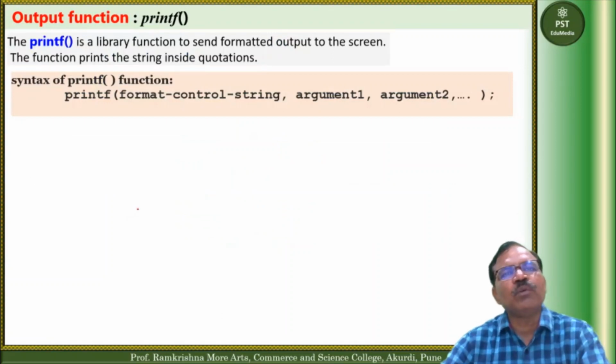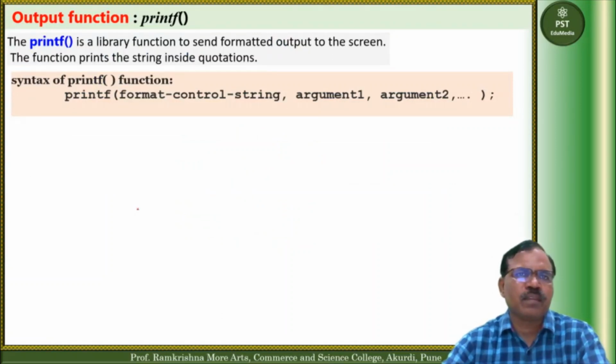First, see the output function printf. The printf function is a library function and it is used to send formatted output to the screen. The function prints the string inside the quotations, and it is present in the stdio.h file.